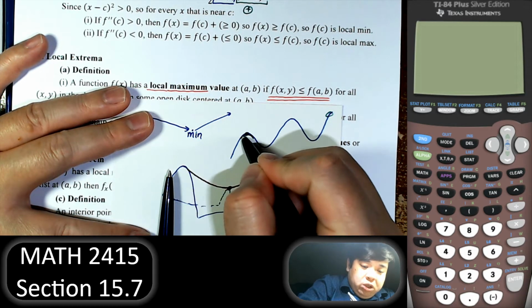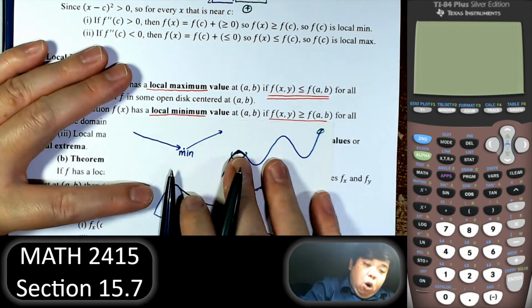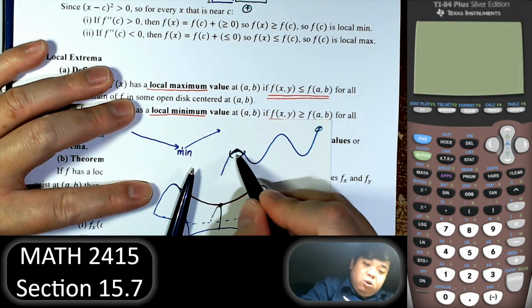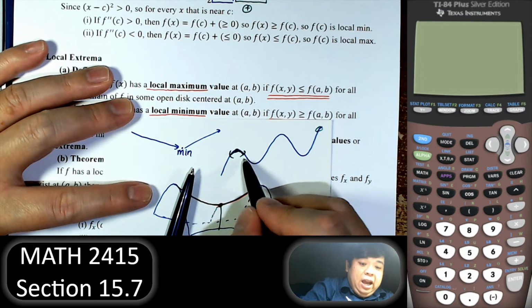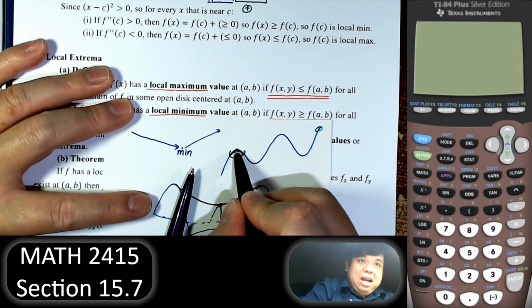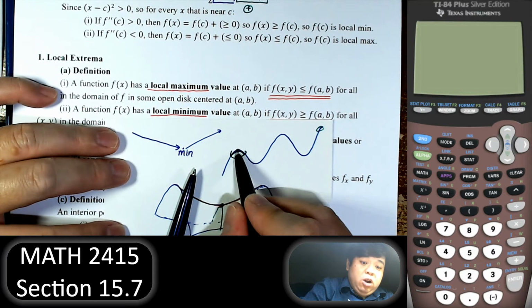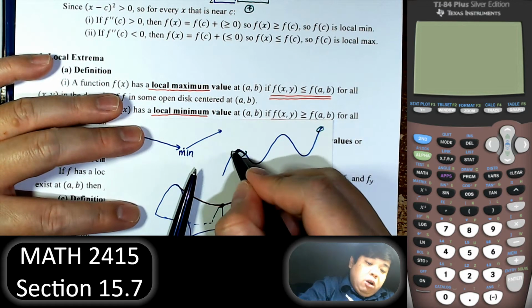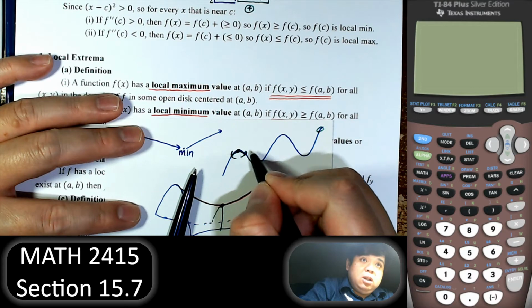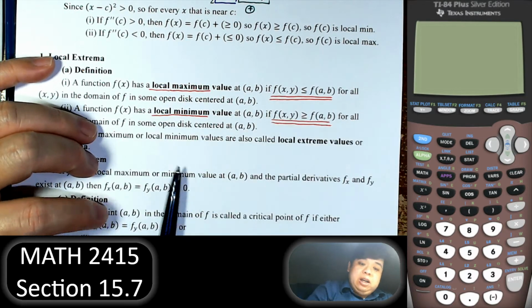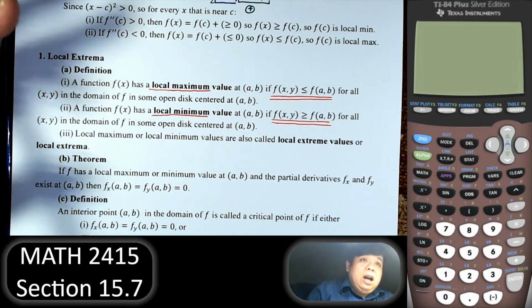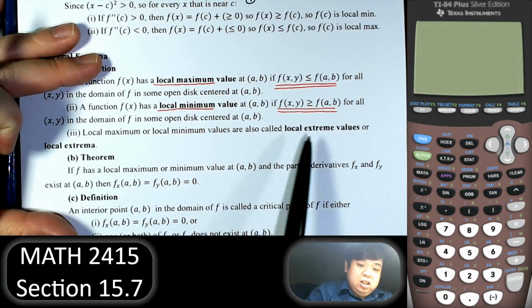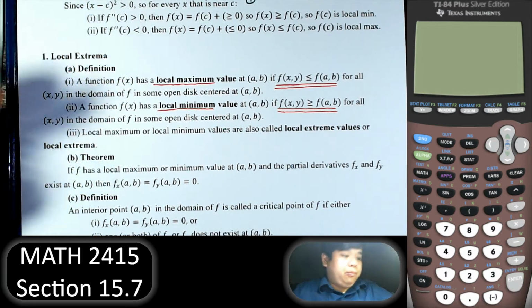So we just compare on a small open disk, a very small neighborhood of it. If it is the highest one, it is the maximum locally, because we don't compare to the whole domain. If we only compare on the small neighborhood of points, then that is the local max or min. If it is either max or min, we call that local extreme values.